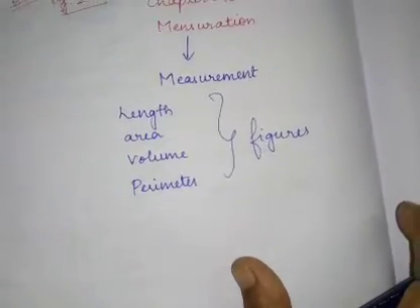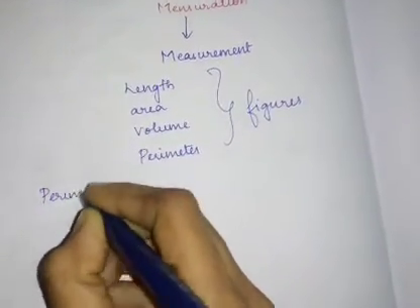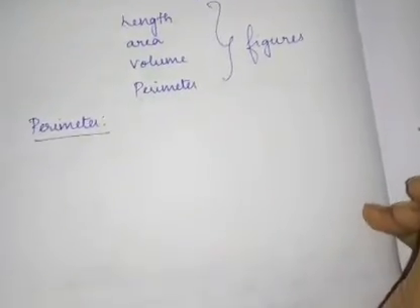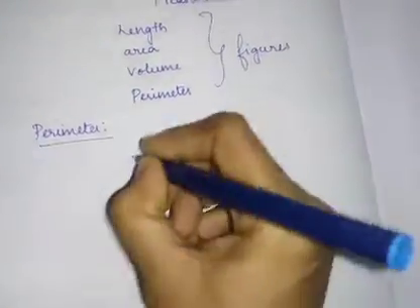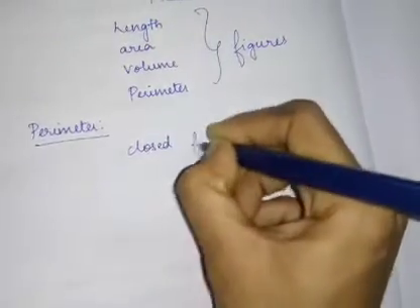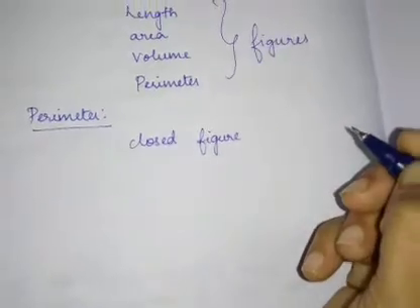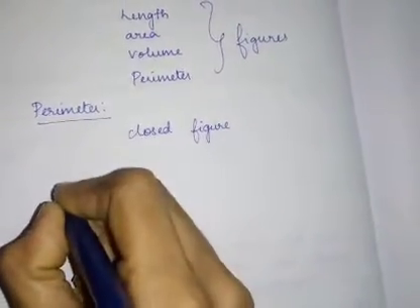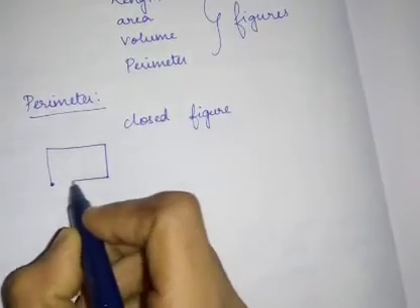So the next concept is perimeter. Perimeter is possible only for a closed figure. What is meant by a closed figure actually? When a figure has the same starting point as its ending point.